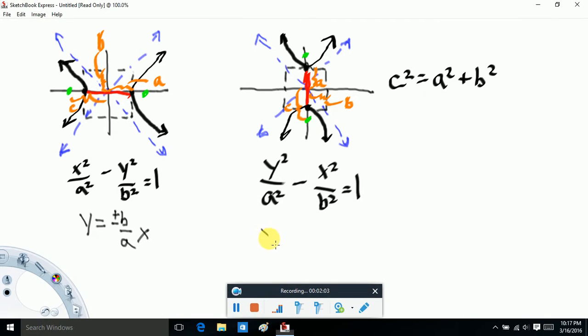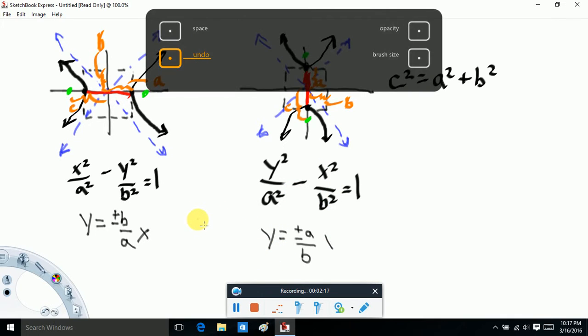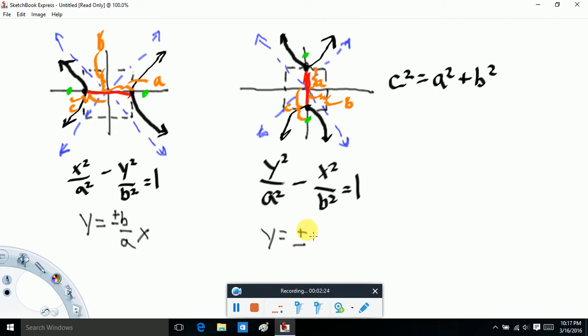Now if your transverse axis is vertical, it's just the opposite. So y equals plus or minus a over b times x.